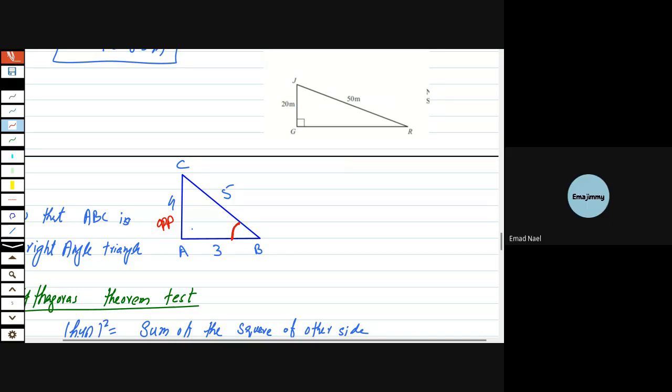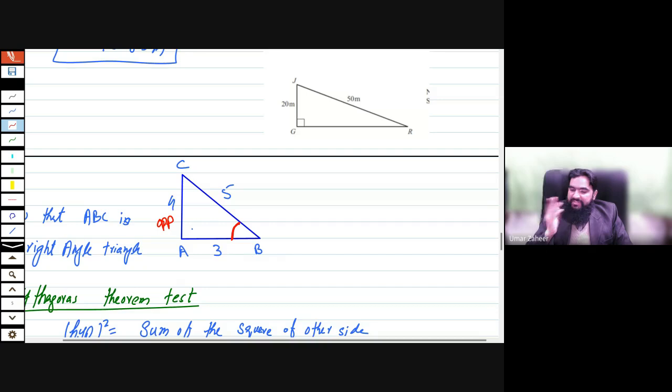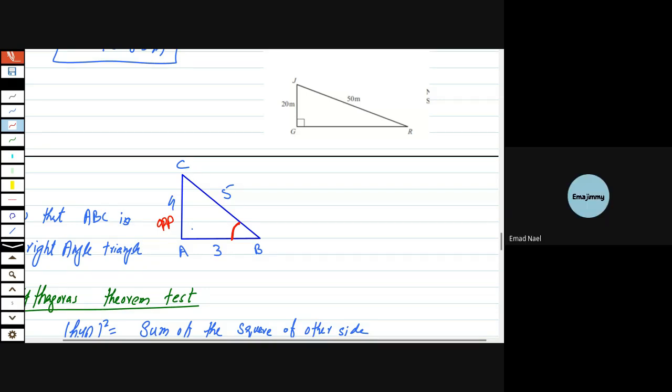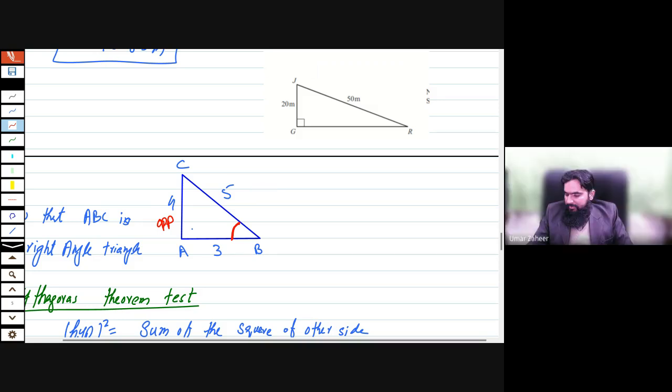What is the adjacent side here? Adjacent means the side that is between the 90-degree angle and the angle. So it will be the adjacent one.